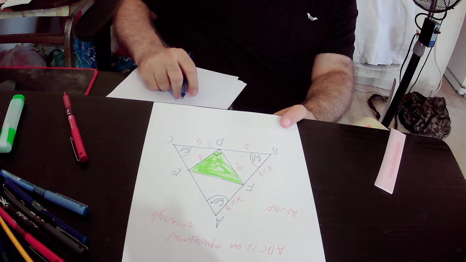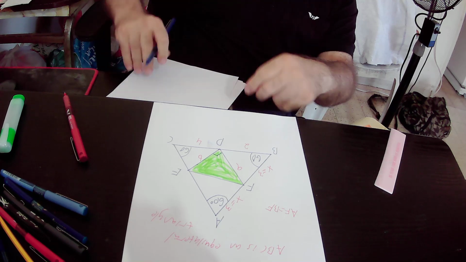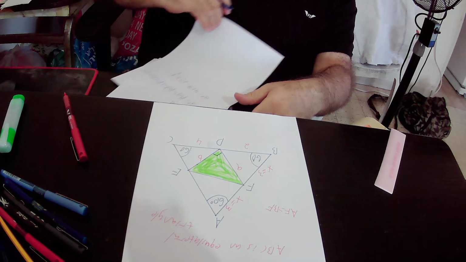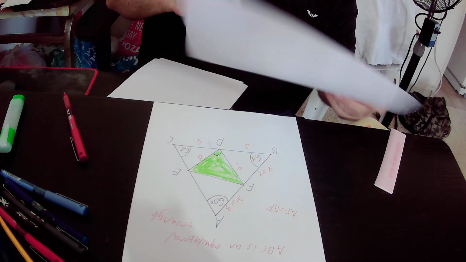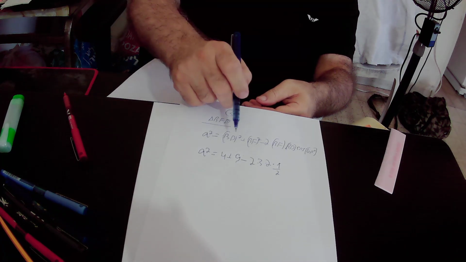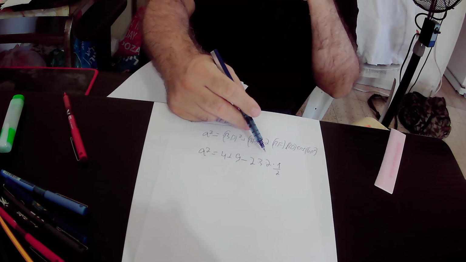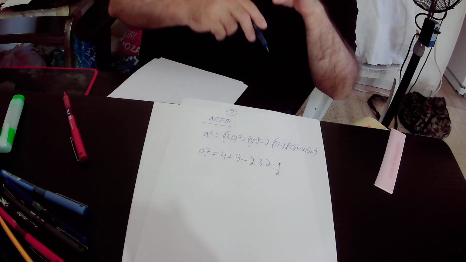Cosine 60 degrees equals 1 over 2. So in total we got that a squared equals 4 plus 9 minus 2 times 3 times 2 over 2.